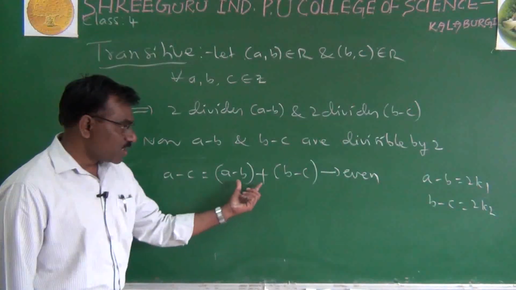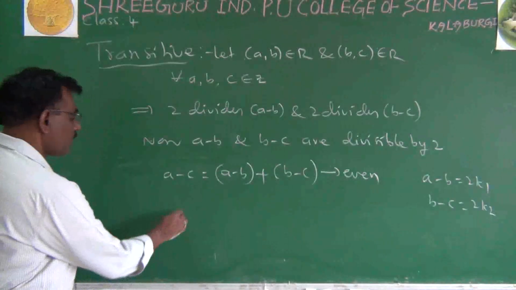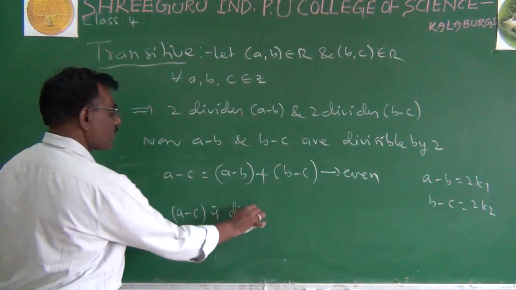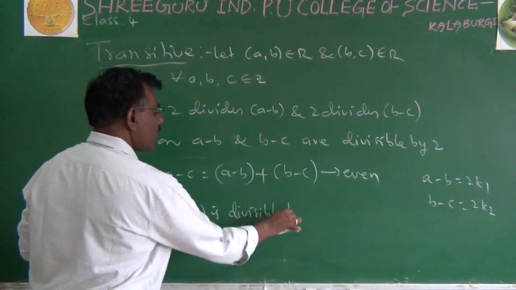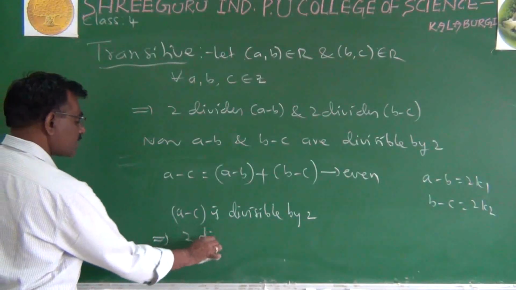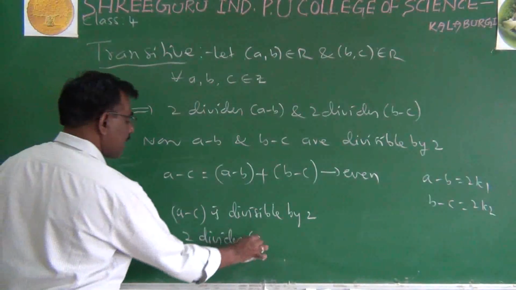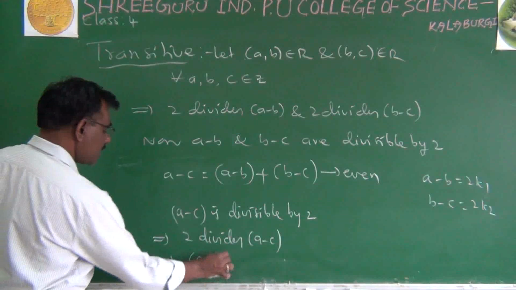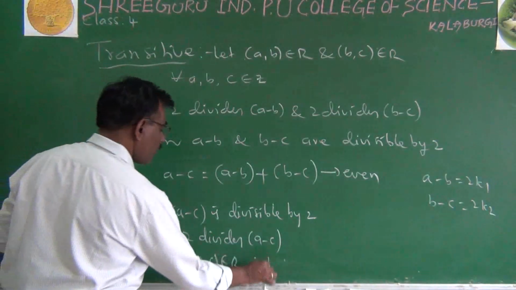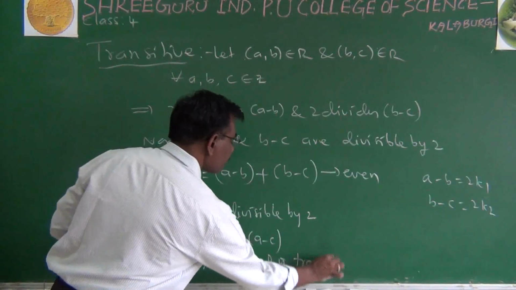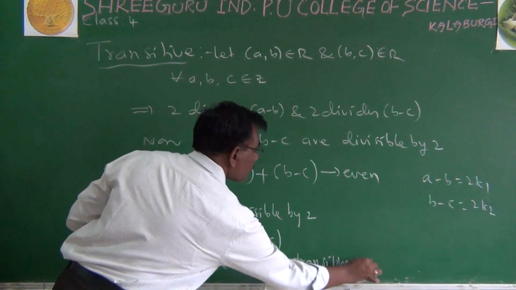So a minus c is divisible by 2. It implies 2 divides a minus c, so (a, c) belongs to R. Therefore, R is transitive on Z.